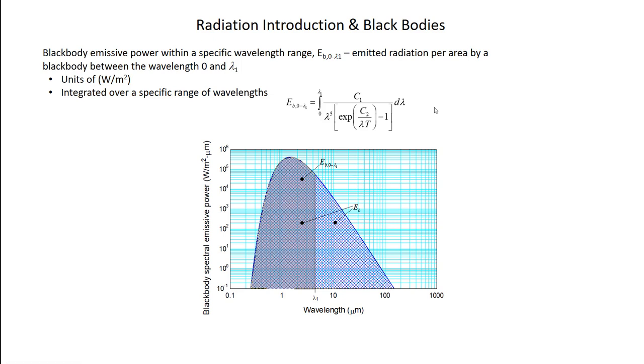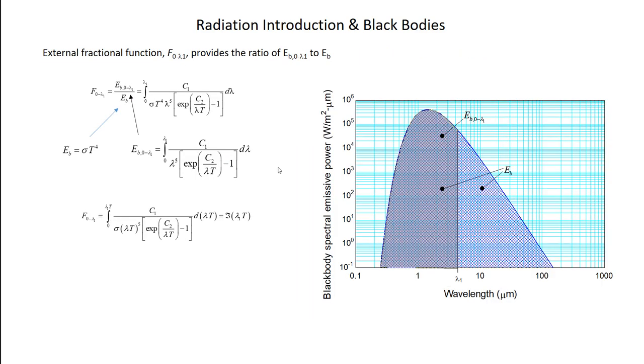So if you want to figure out how much radiation is emitted within certain wavelength bands for a black body, you have to use what are called blackbody fractional functions, right? So the blackbody fractional function is basically a ratio.